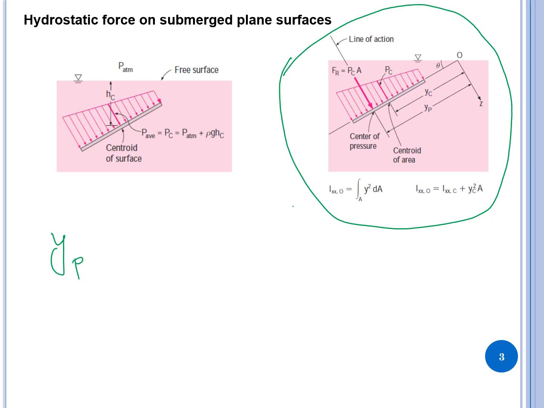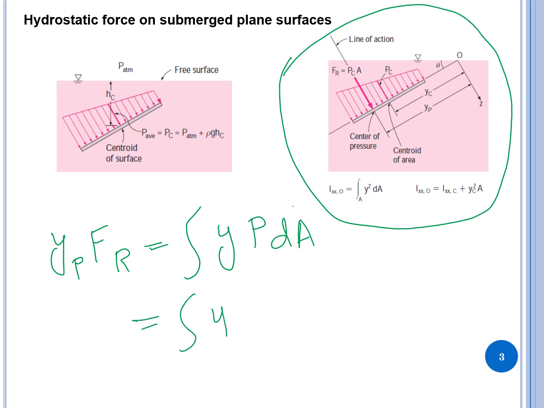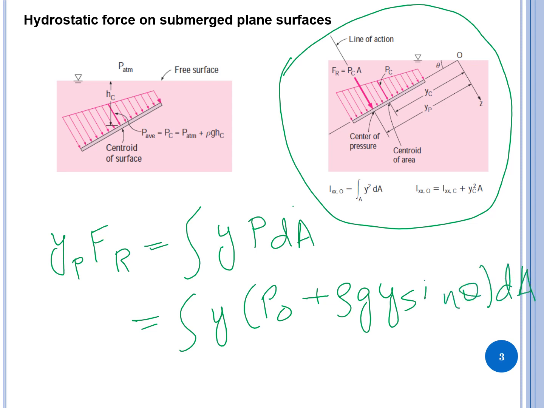Yp Fr is basically the integral of y, and the Fr is going to be pressure times area. Now we know already what pressure is. Pressure is going to be P naught plus rho g y sine theta times dA.